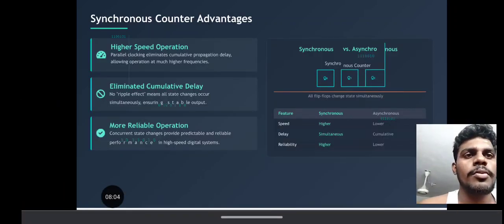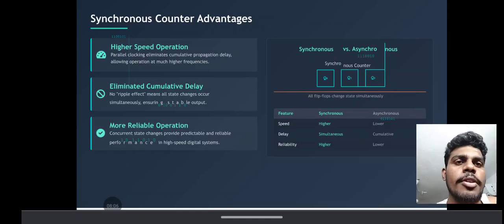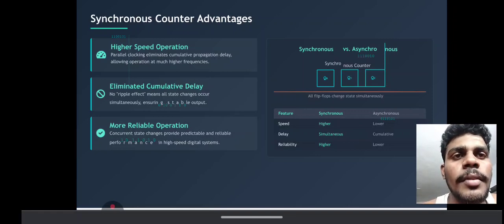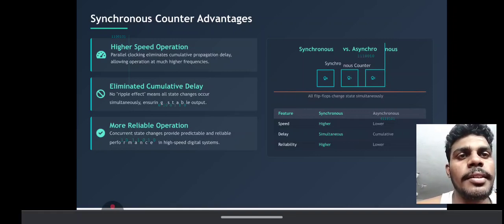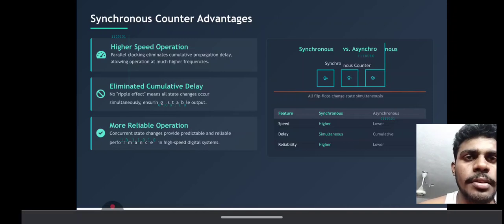Synchronous counter advantages: high-speed operation, eliminated cumulative delays, and more reliable operation. Parallel clocking eliminates cumulative propagation delay, allowing operation at much higher frequencies. With no ripple effect, minimal transient states occur.